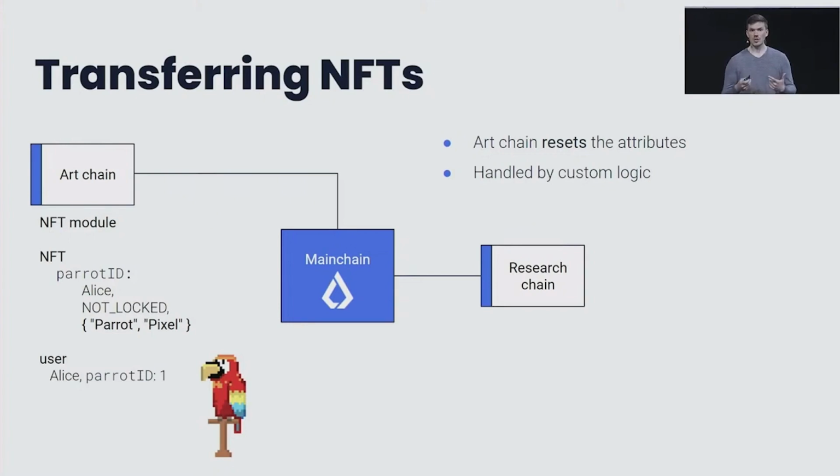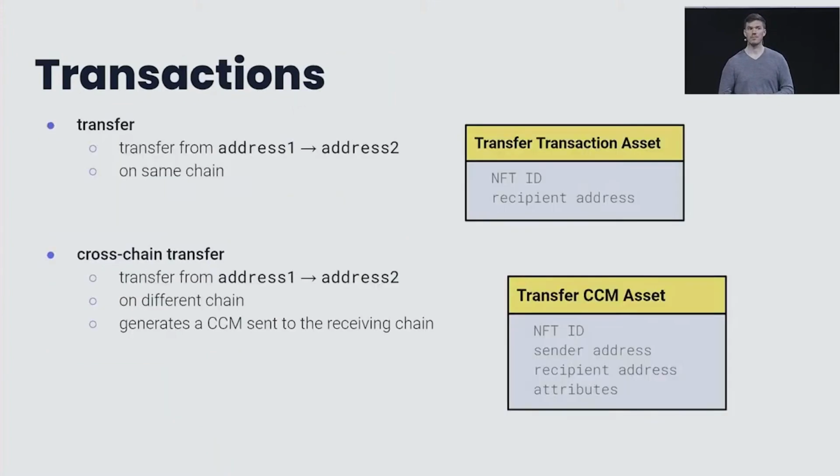In that regard, in your custom logic, you can define attributes that are modified on other chains. So maybe when your NFT comes back to your native chain, you actually accept the changes. You don't need to always revert them. But this is defined by custom logic when the NFT is returned to the native chain. All right.